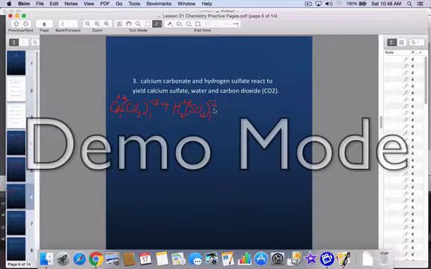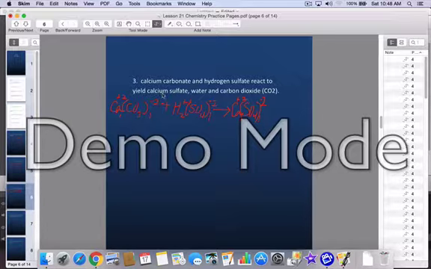React to yield. Draw the arrow. Yields calcium sulfate. Calcium, I have to write skinny here. I'm going to run out of room. Calcium sulfate. Alright, parentheses right in there. That's a plus 2 and that's a minus 2. So it takes one of each of those.